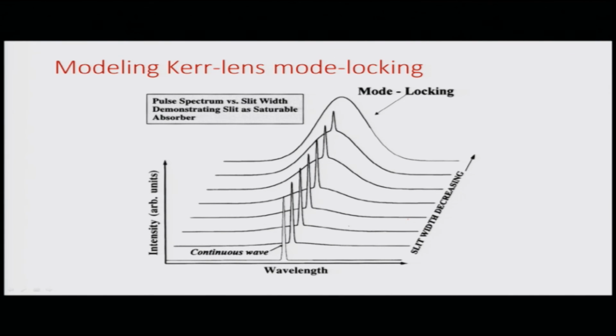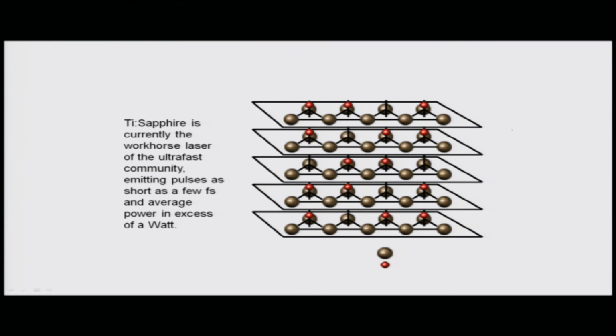So, here is an example of how this mode locking works for a saturable absorption generated through Kerr lensing, and this is a model of how it happens, and a mode locked laser is seen which has a wide bandwidth and a short pulse.